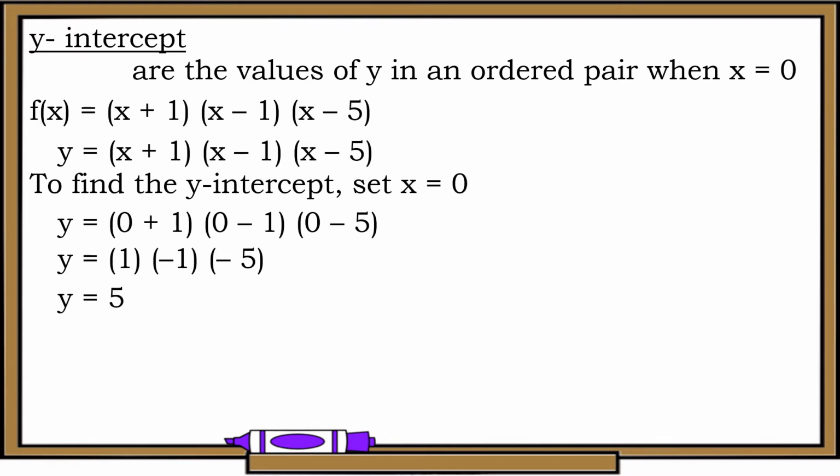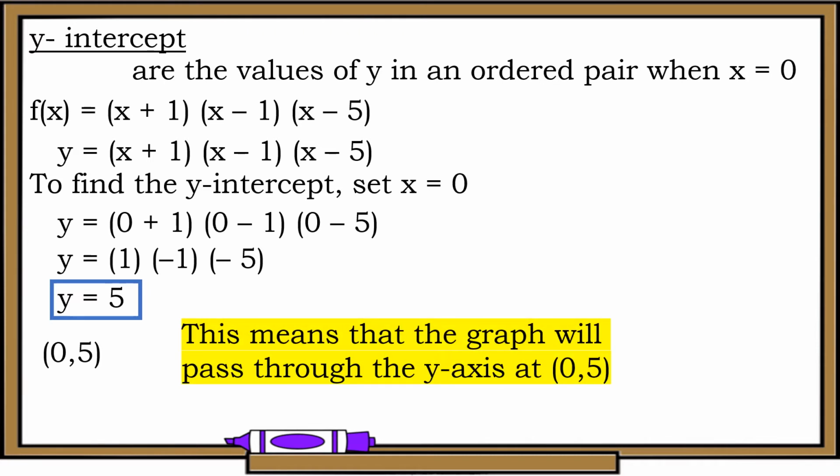I-multiply mo siya, y is equals to 5. Ayan. So, sa ordered pair, una lagi yung value ng x. Ang value ng x natin nakaset sa 0. If x is 0, y is equals to 5. Ipa-plot mo yan sa graph mo. So, this means that the graph will pass through the y-axis at 0, 5.